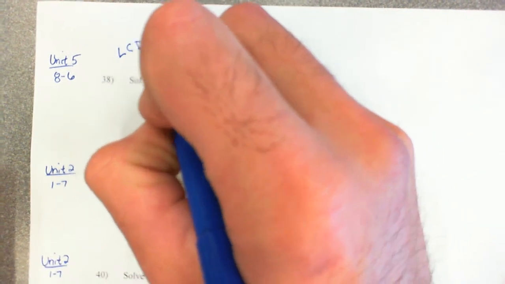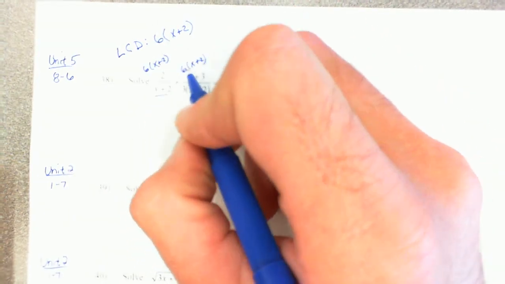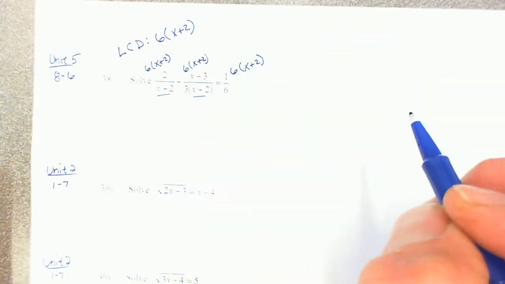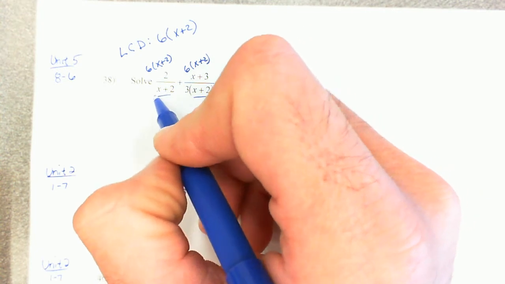So we're going to multiply the first fraction by 6 times x plus 2, the second fraction by 6 times x plus 2, and the last fraction by 6 times x plus 2. Okay, so then here in the first fraction, the x plus 2 cancels with the x plus 2, which leaves you with 6 times 2, which is 12.